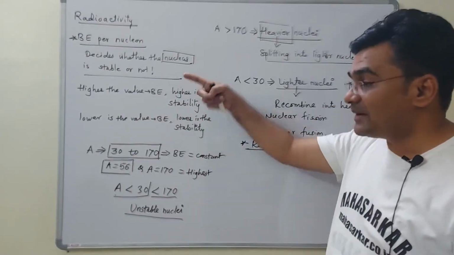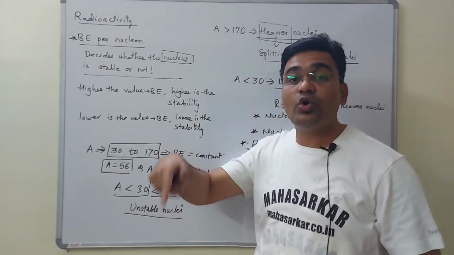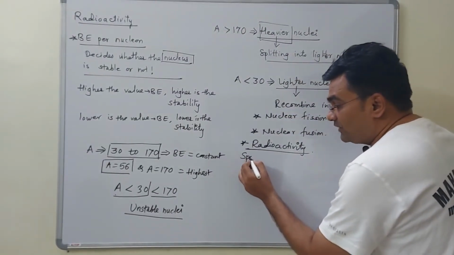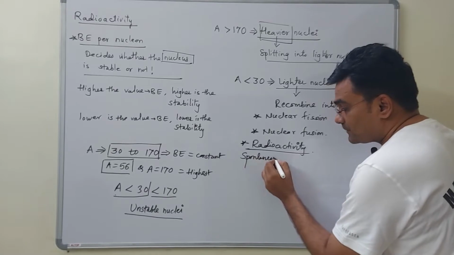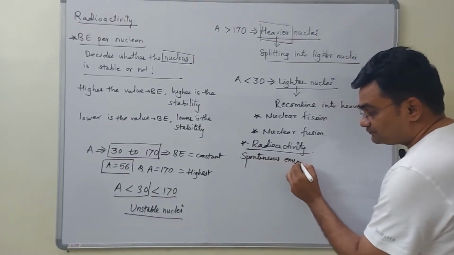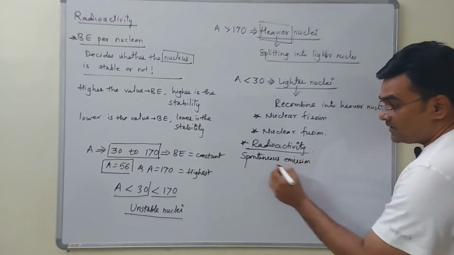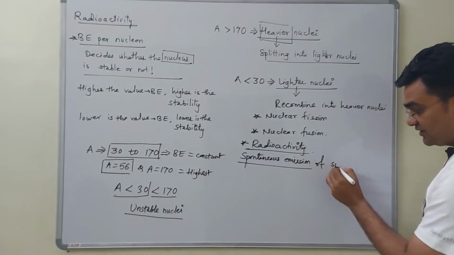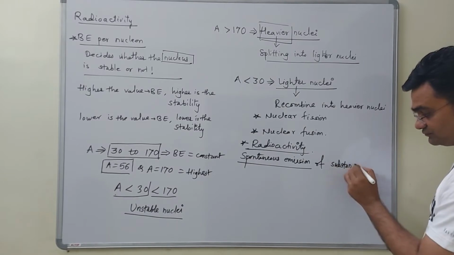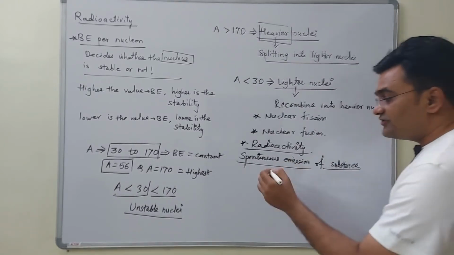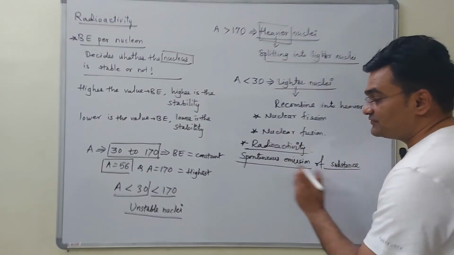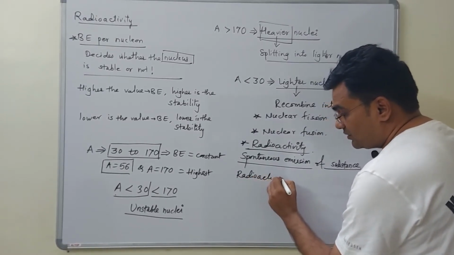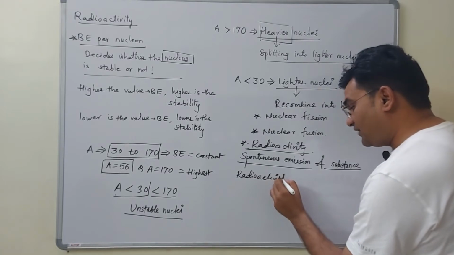To maintain the stability, they have to lose some of their nuclei. In this process there is a spontaneous emission of that substance or mass of the substance. This spontaneous emission of mass of substance is considered as radioactivity.